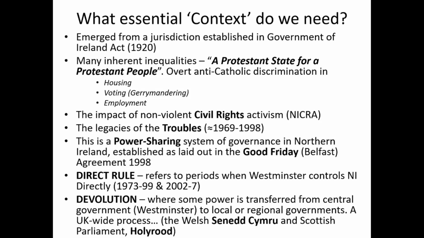Somebody is still making decisions, but what happens is that the powers that the Westminster government gave effectively to Northern Ireland are taken back by that government, and a man or woman called the Secretary of State for Northern Ireland and his or her junior ministers make a lot of the day-to-day decisions and put a policy in place for the Northern Ireland Civil Service to operate. And there's been two big chunks of that from 1973 to 1999 during the Troubles, and then again in the early 2000s, although we're not going to get bogged down in the details of these.